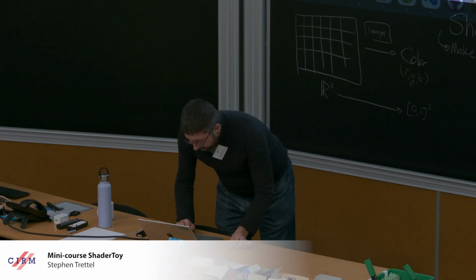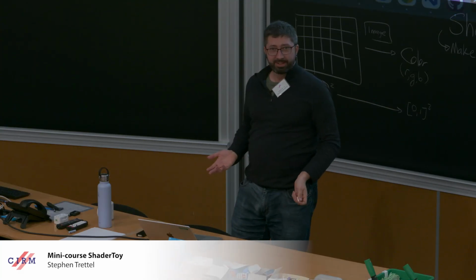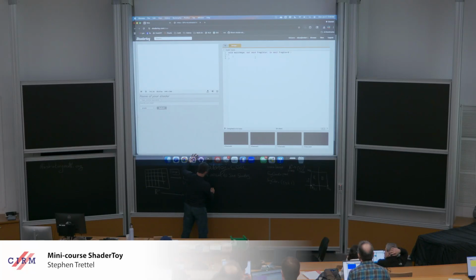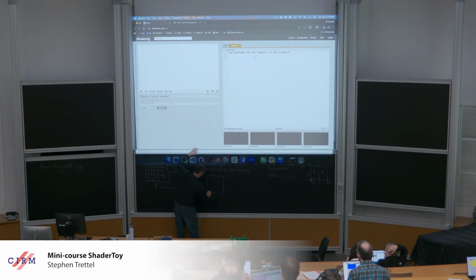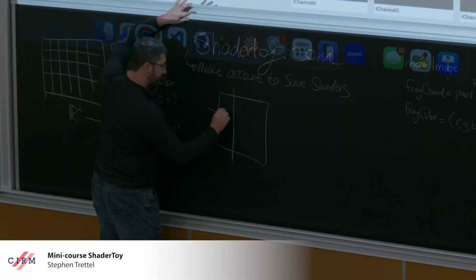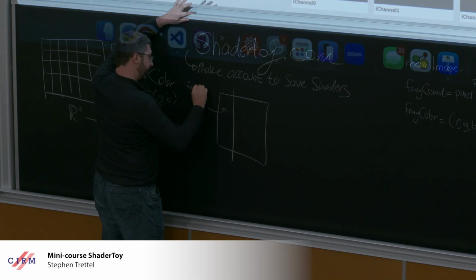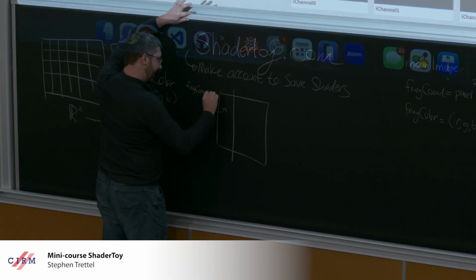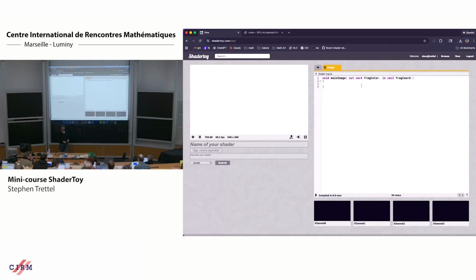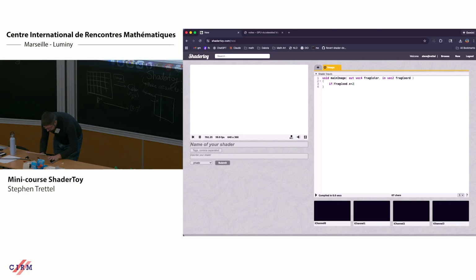So my pixel is frag coord. If I want to go 200 over, all of the pixels over here have frag coord dot x less than 200, say. So I'm going to type an if statement. I'm going to say if frag coord dot x is less than 200, 200 with a period after it so that the computer doesn't yell at me.